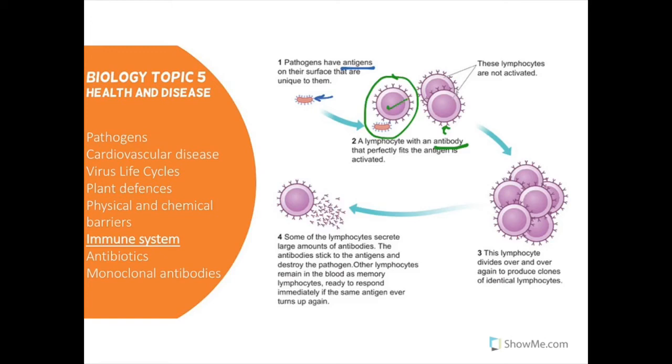But when it does happen, that white blood cell is activated. It will then make lots and lots of copies of itself, and these copies can also make the correct antibody, which is going to fight off that particular pathogen. Some of the white blood cells can secrete antibodies into the blood, and these antibodies work like little handcuffs.